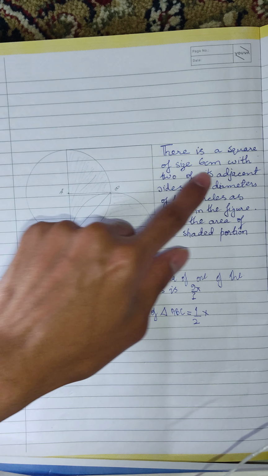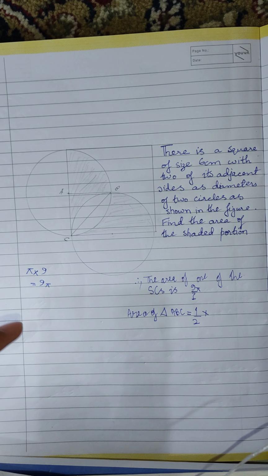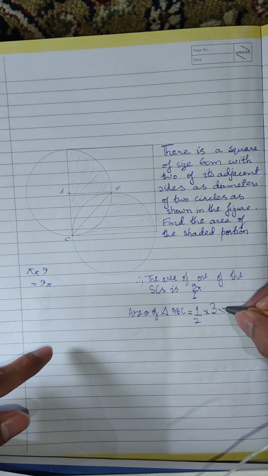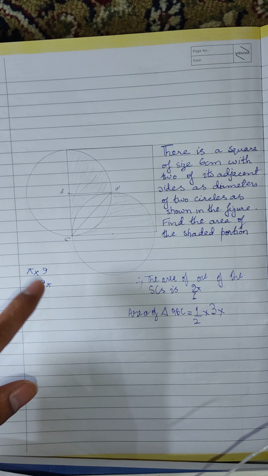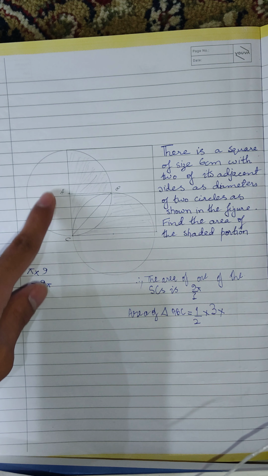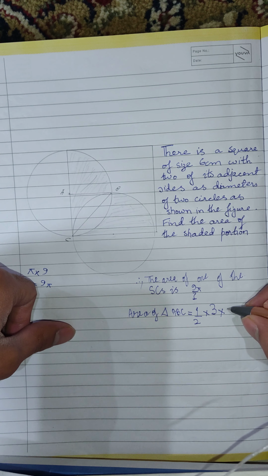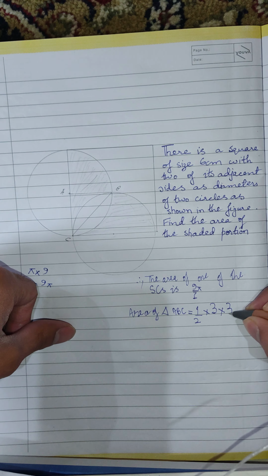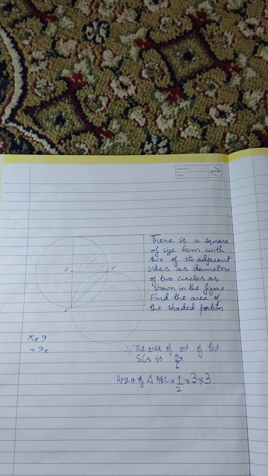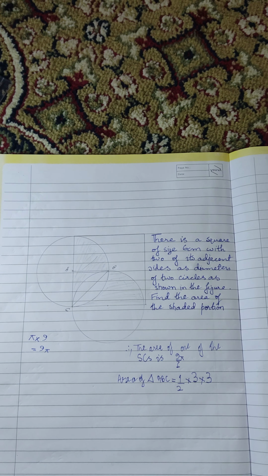Means side of the square is this 6 centimeter. This is 3 centimeter. Half of 3 into height. The height is what? Height is this AC. AC is also 3. So the area is 9/2.